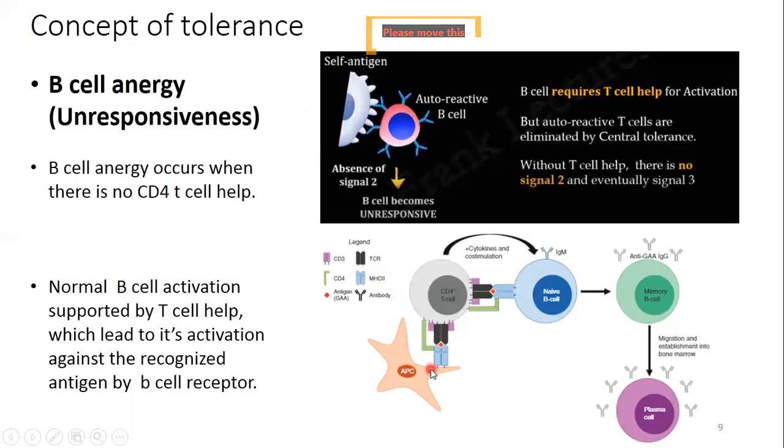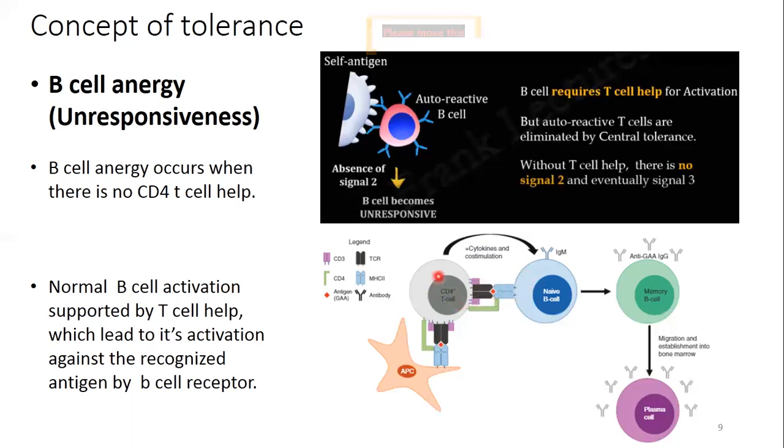This is the normal process for B cell activity. As we see here, there is MHC plus peptide, and a T cell receptor engaged with the antigen presenting cell. For example, if we suppose the T cell is activated, it can recognize the same antigen displayed by B cells.